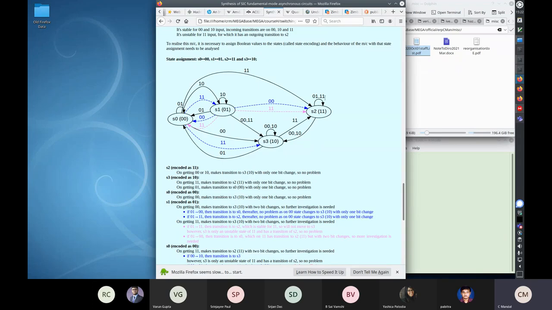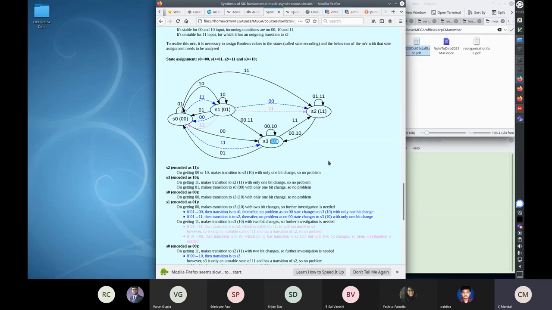For 0 1 and 1 1 it is stable anyway, and for the inputs 0 0 or 1 0, as shown over here, it makes a transition to this state. If you look at this, there is only a single bit change. This is encoded as 1 1 and this is encoded as 1 0. So there is no problem.